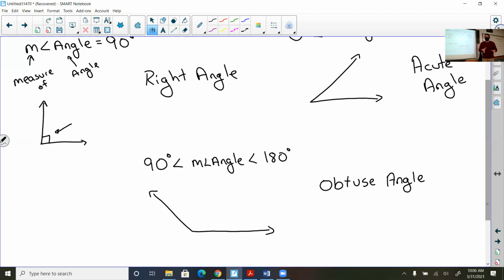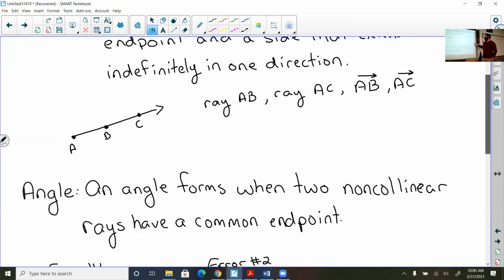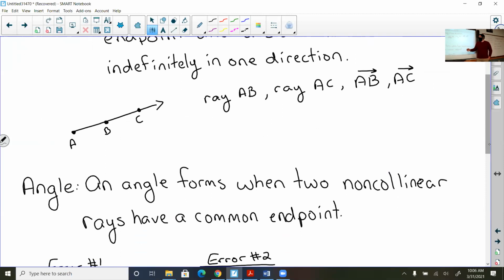All right, so the big takeaways from today, before we get into using a protractor, we have a ray. A ray starts at a certain point, has an end point, and then it goes on forever. It is a linear model, so it does not bend, it does not curve, anything like that. You can label a ray by using the word ray, and then always starting with the end point.